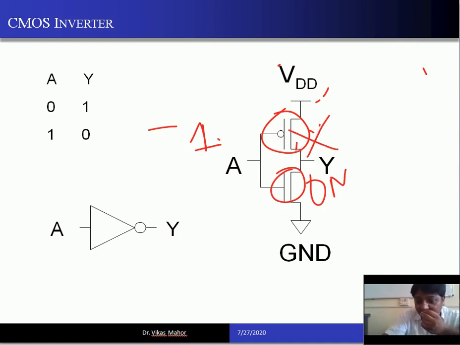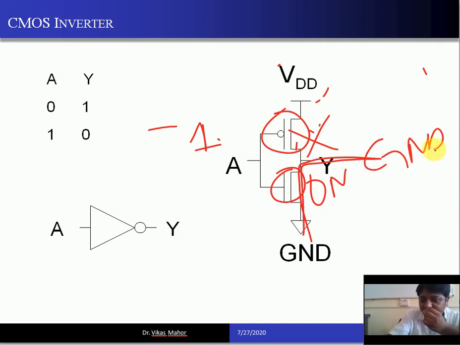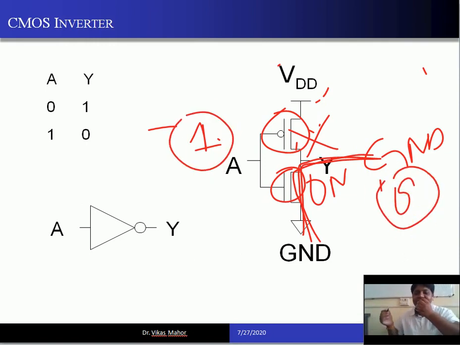Now a path has been formed between ground and the output. So ground will appear at the output. And ground is logic 0. So on applying logic 1, you are getting output as logic 0. That means this is acting like an inverter.